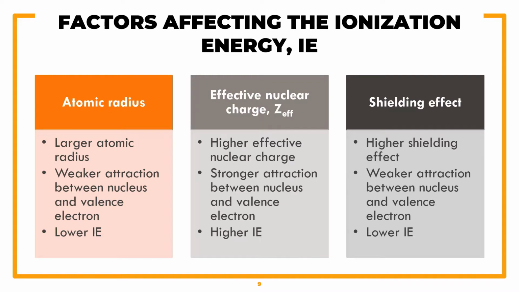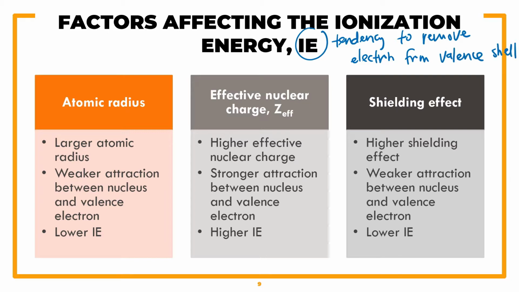There are 3 factors that can affect the ionization energy. We have atomic radius, effective nuclear charge ZEF, and shielding effect. So, IE is about the tendency to remove electron from valence shell.